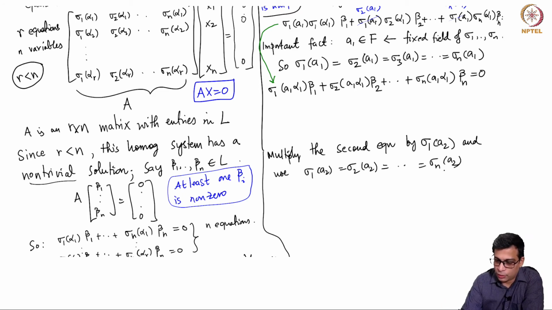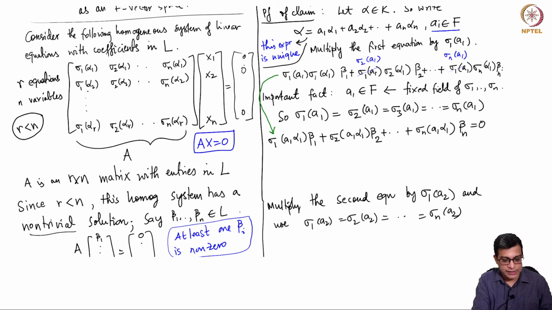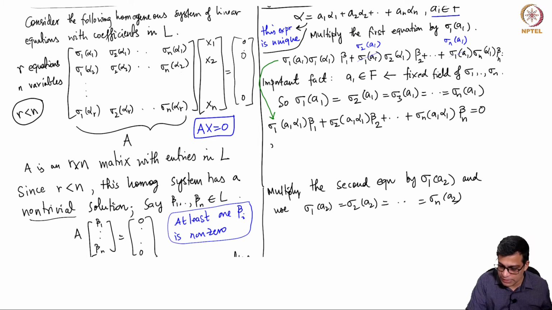So the second equation is this. I haven't written it yet, but it is sigma 1 alpha 2 times beta 1, plus sigma 2 alpha 2 times beta 2, plus sigma n alpha 2 times beta n is 0. If I multiply by sigma 1 A2, I get sigma 1 A2 alpha 2 beta 1, right.